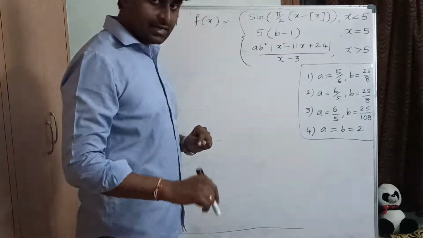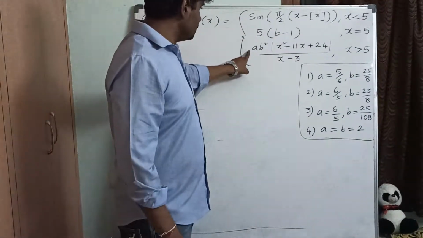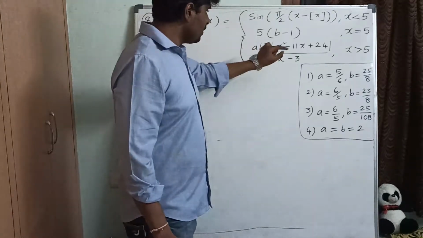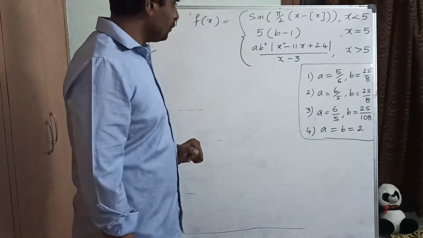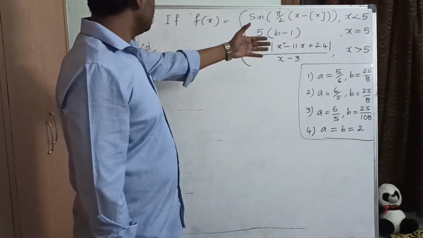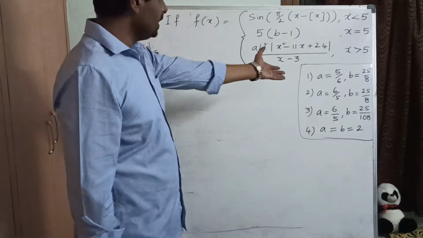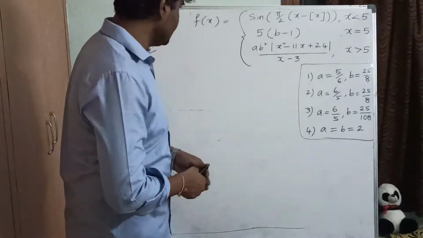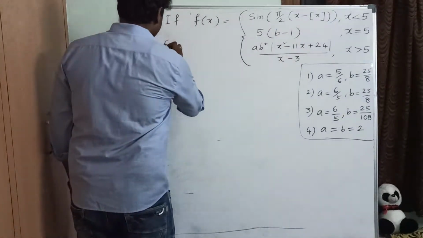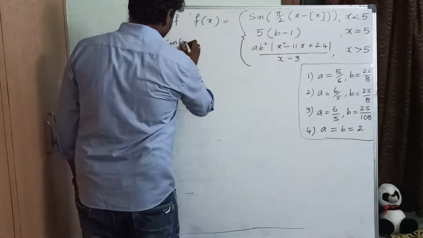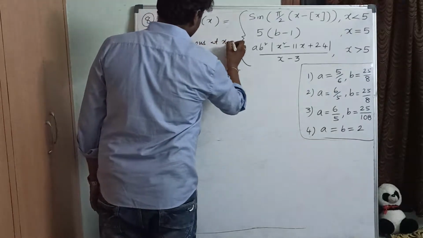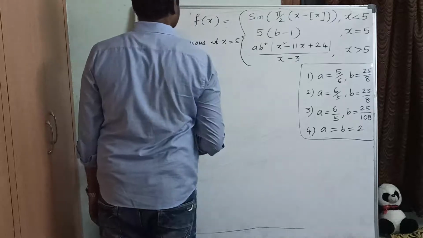Now whenever x greater than 5, that gives you a b square into modulus of x square minus 11x plus 24 by x minus 3. Then what are the values of a and b? It was given as continuous at x equal to 5. Then the values of a and b we are going to find out.